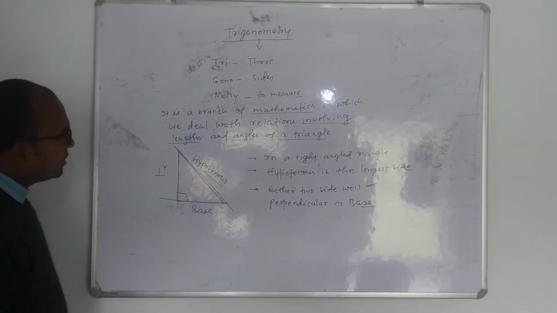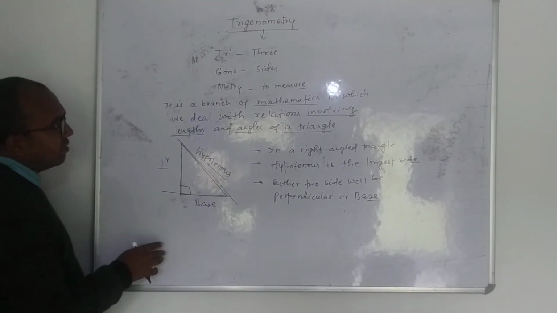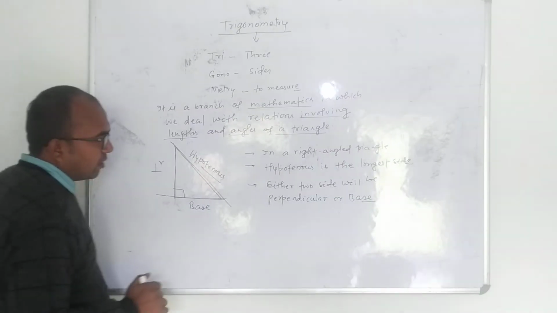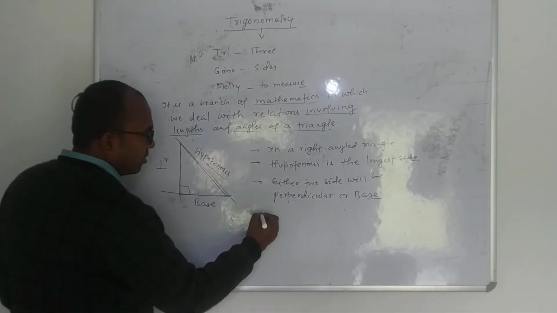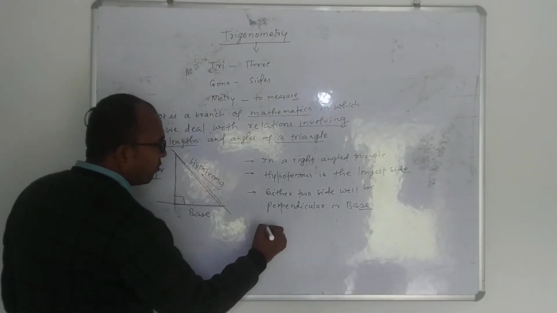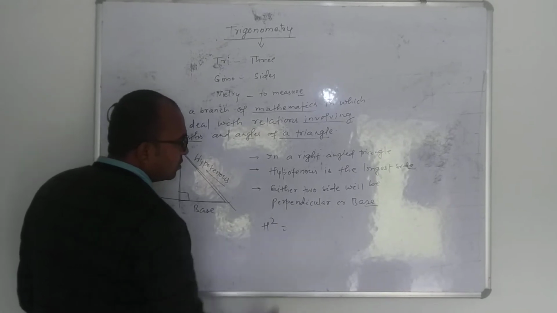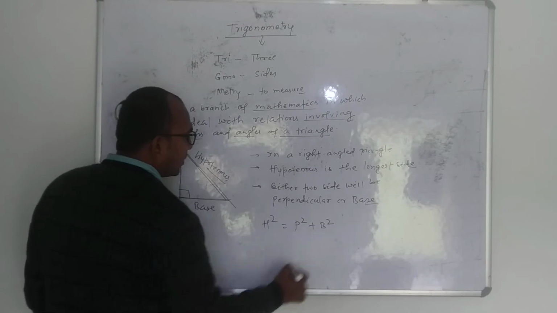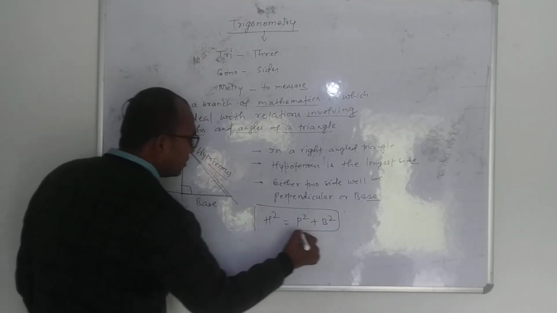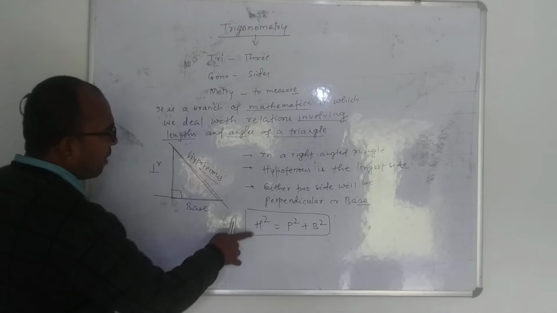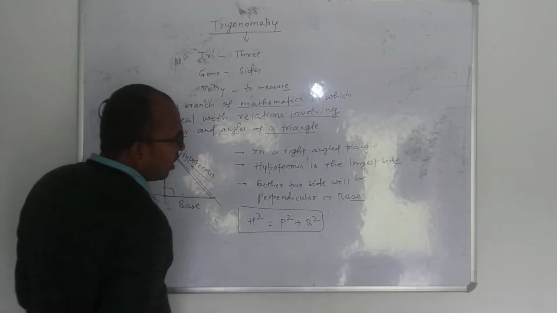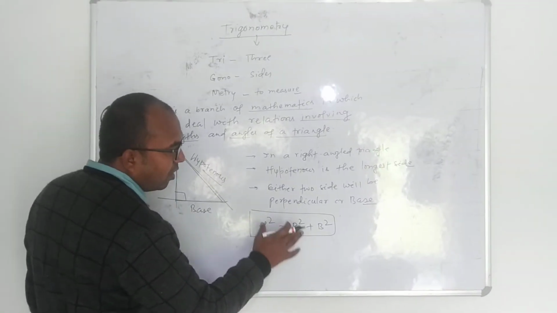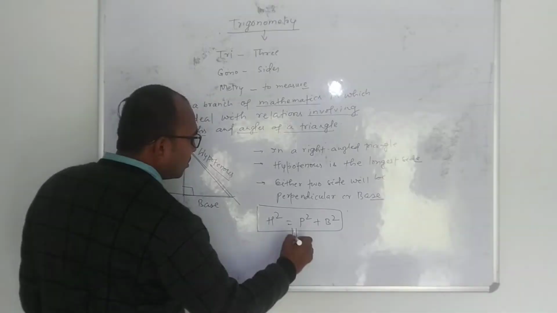And there is a relation among perpendicular, base and hypotenuse. That is, the square of the hypotenuse is equal to the sum of the squares of the perpendicular and base. This one is the relation among hypotenuse, perpendicular and base. We should remember this formula, and this one is called what?